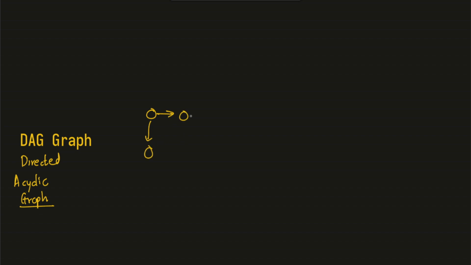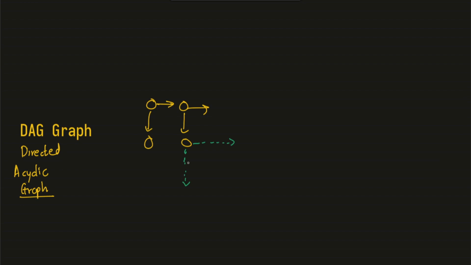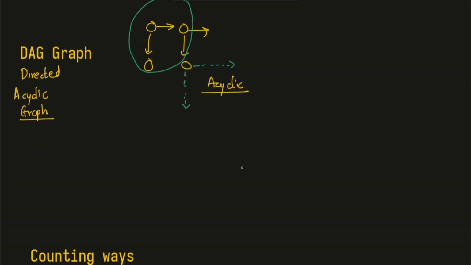Notice that any node which has intermediate paths between them can only be connected through an edge to a node which lies below it. So these edges do not go in this direction. This edge does not go in this direction, hence this graph is acyclic and does not contain a cycle.